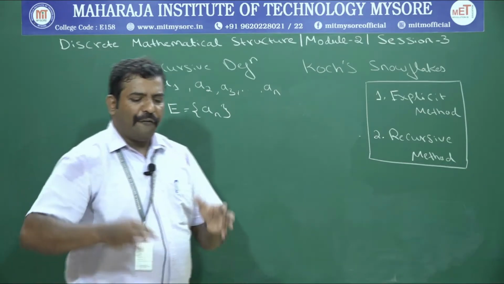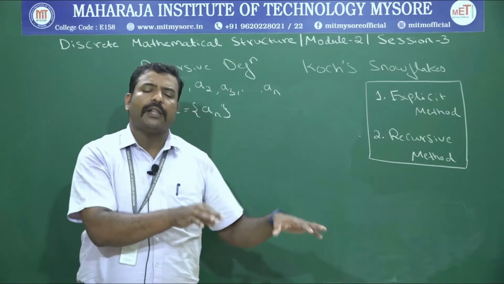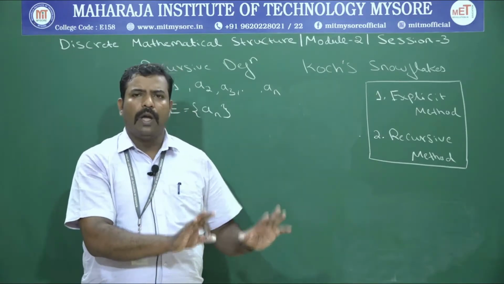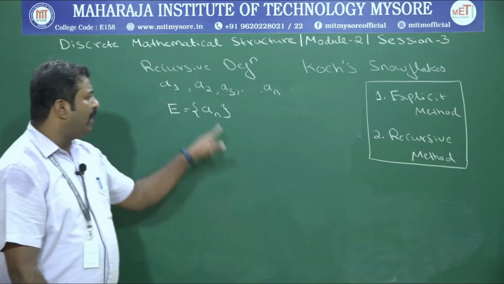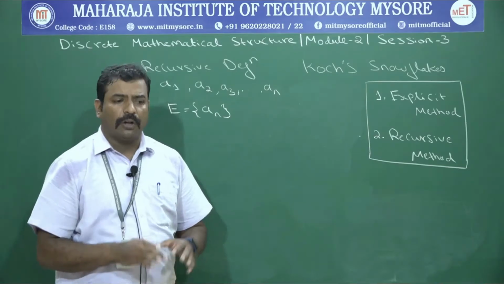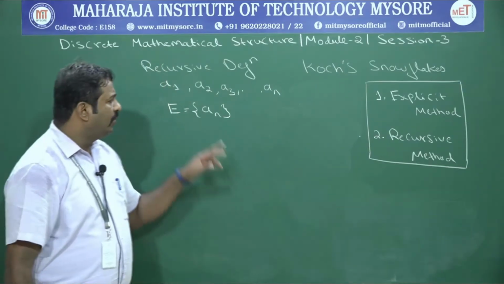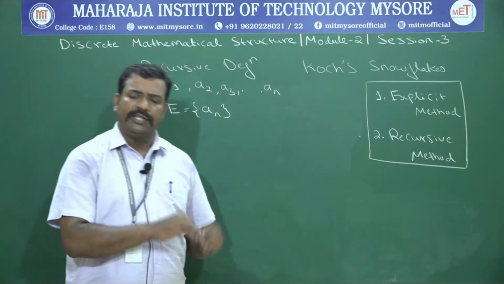Depending upon the rules, if any integer satisfies the rules I am putting right now, that particular integer should be part of this set. If it is not following the rules, or if it doesn't match the rules I am putting, that should not be in this subset or in this set.